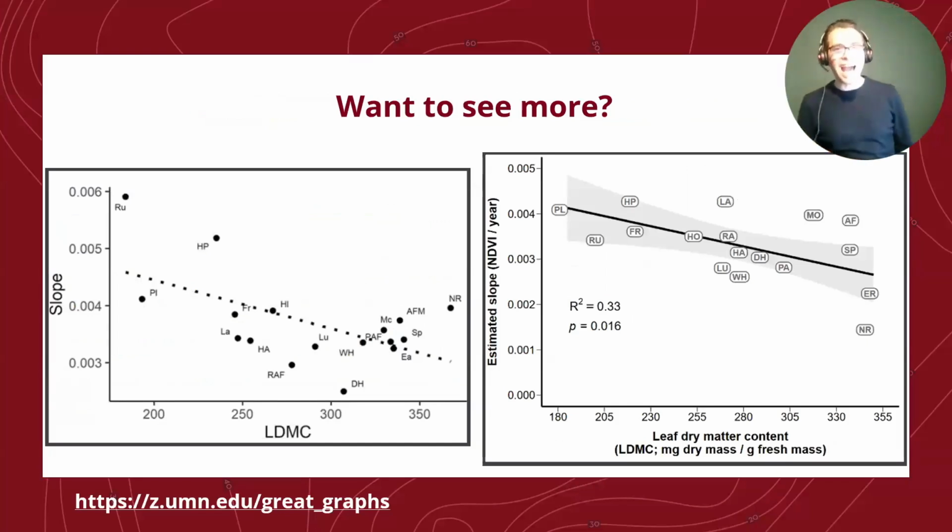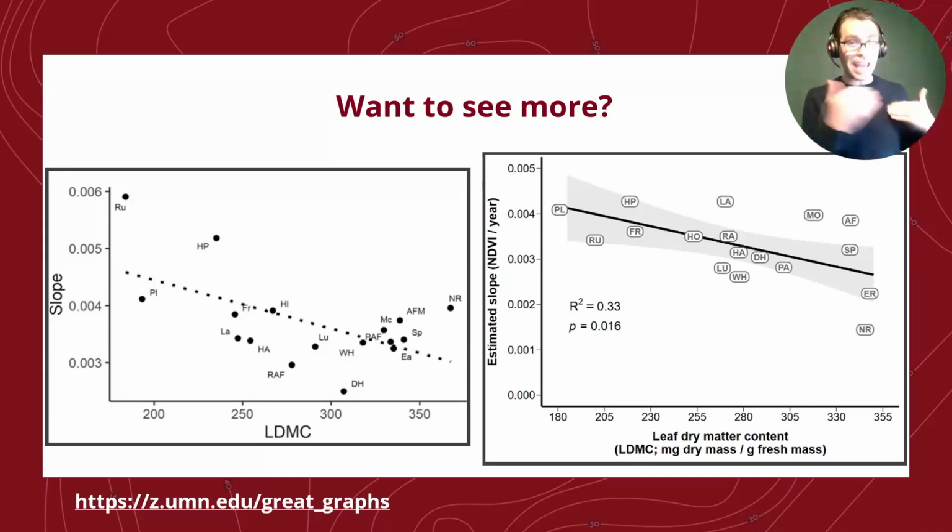If you liked that exercise of comparing two versions of graph related elements to each other, I'd like to close by reminding you about the digital version of this guide. You can find it at the URL here at the bottom of the slide, z.umn.edu/great_graphs. There you can find the case studies page wherein I take real figures from papers like the ones here and critique them, listing what I like about them and what I like less about them.